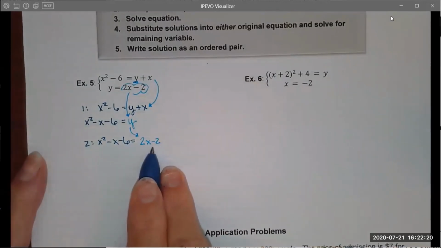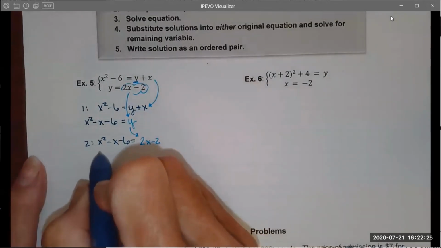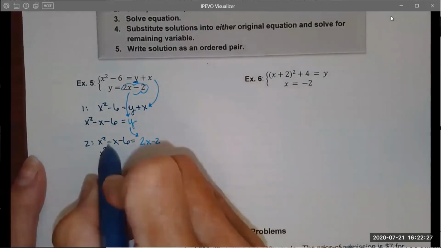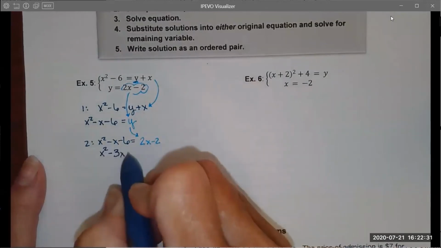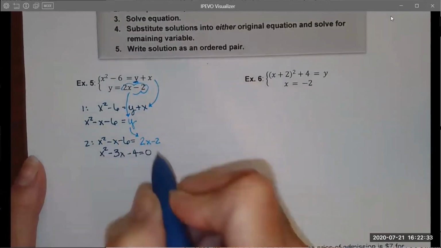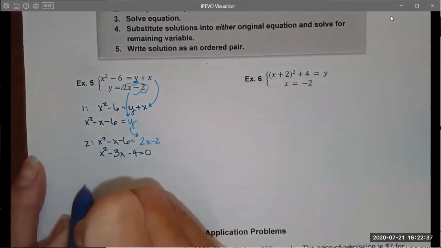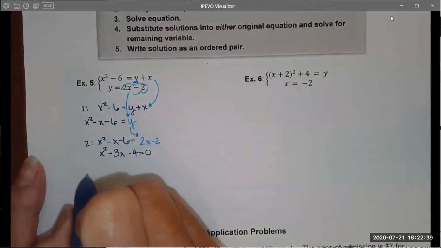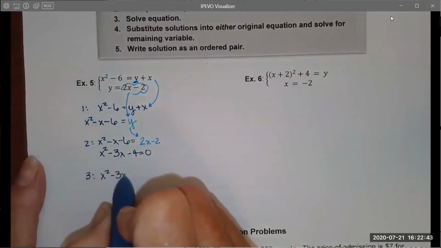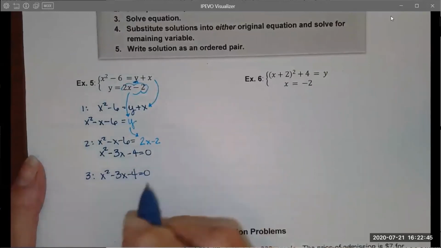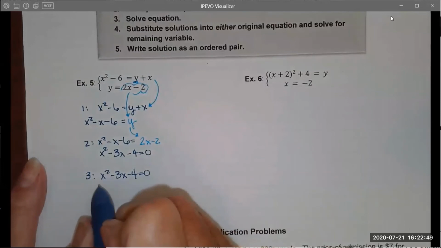It is going to be quadratic, so that means I am going to have to do a little factoring. I subtract 2x from both sides, I end up with negative 3x. I add 2 to both sides, I end up with negative 4, and that equals 0. Step 3 is to solve this equation. If I solve x squared minus 3x minus 4, I'm looking for factors of negative 4 that add up to negative 3.